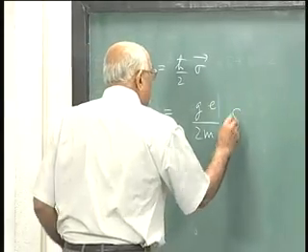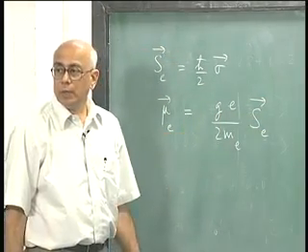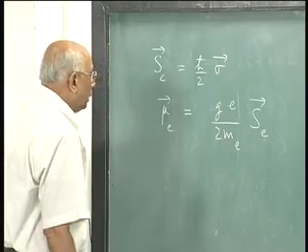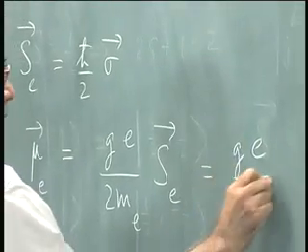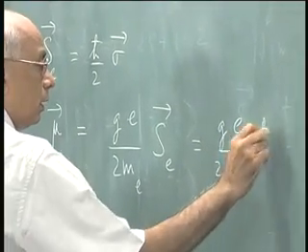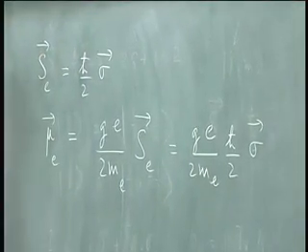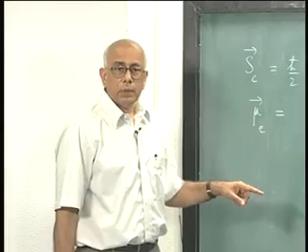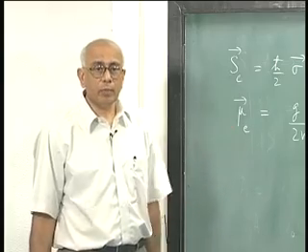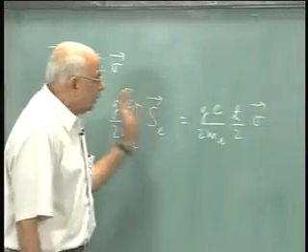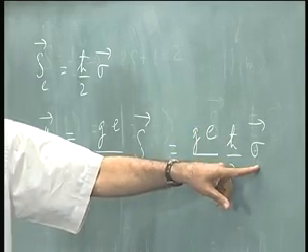That relation is generalized to G E over 2 me times the spin operator of the electron. So this is equal to G, the charge of the electron, twice the mass of the electron, h cross over 2 and then sigma. Therefore the eigenvalues of any component of the intrinsic magnetic dipole moment of the electron are given by plus or minus this quantity, because any component of sigma has eigenvalues plus or minus 1.